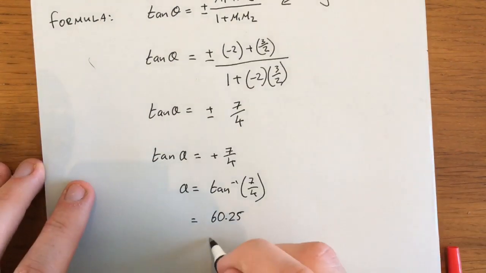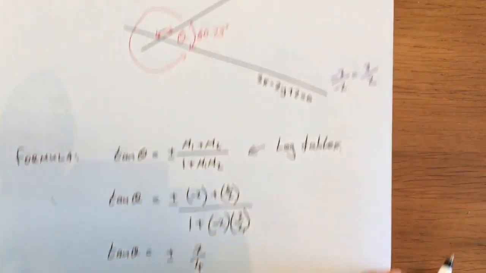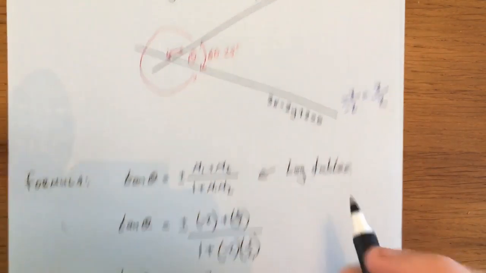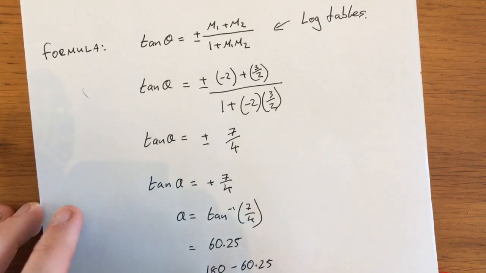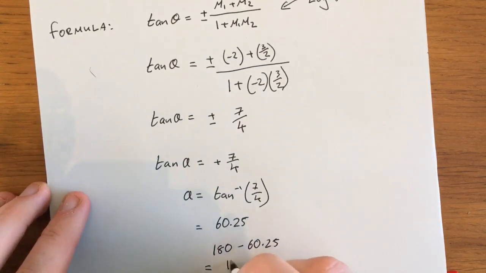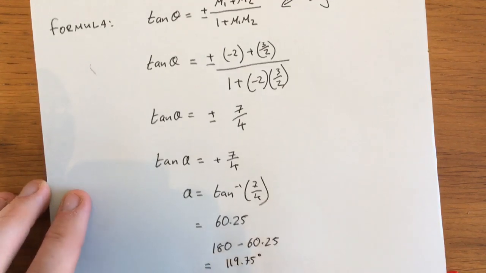And to get that angle then, it would just be very simple. We would just do 180 minus this angle that we already know, which is 60.25. And that gives us an answer of 119.75 degrees.